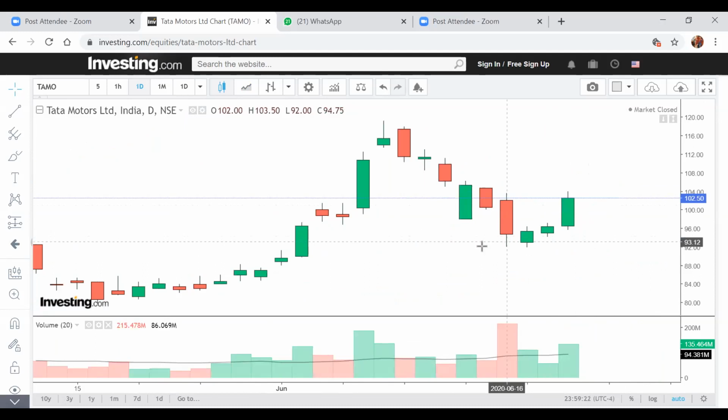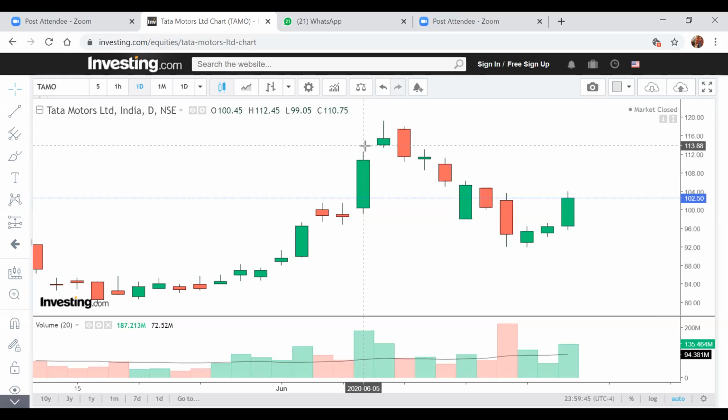Now, take one candle as an example. If you put your cursor on it, it will display the prices: open, high, low, close. For example, I place the cursor here. This particular Tata Motors candle opened on 5th June.